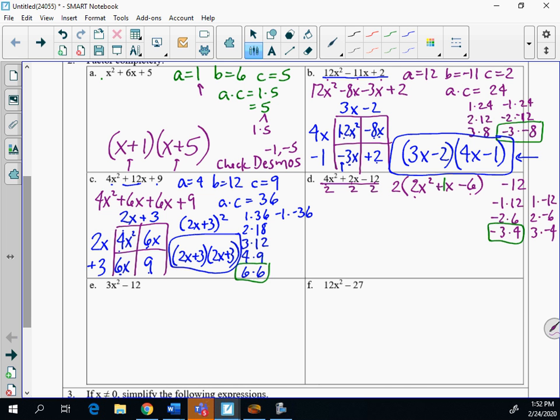So we have our GCF. And now we write out 2x squared. Instead of the 1, we're going to use negative 3x plus 4x, and then minus 6. We're going to take it to the box and put in 2x squared minus 3x plus 4x minus 6.